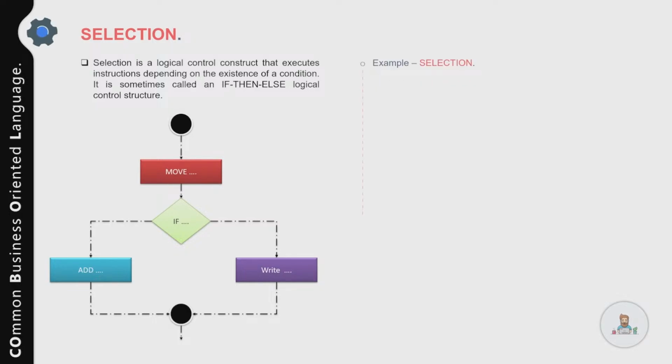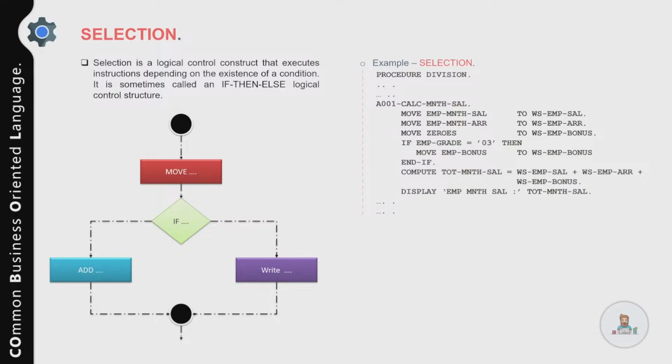So if you look at the right hand side of your screen, again we have the same procedure division which is extracted from an actual COBOL program, and you have a paragraph that is A001 hyphen calc hyphen month hyphen salary. So in this paragraph you have a couple of move statements, and there is one move statement that is initializing employee bonus with zeros. That is again a figurative constant that I've used in this case.